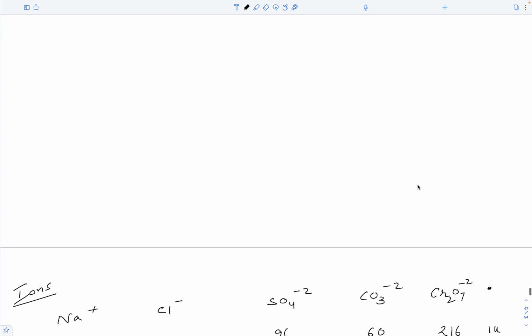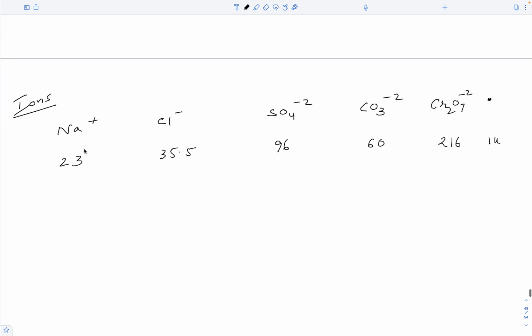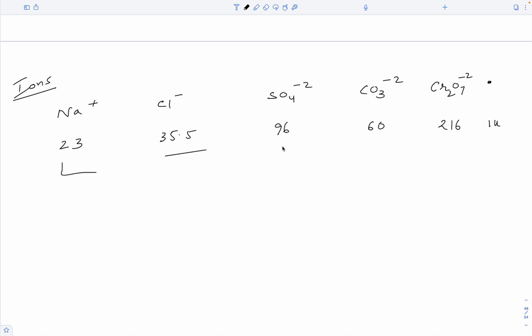Similarly, here are some ions and their ionic weights. To have equal number of ions of different types, the weights of those ions must be in the ratio of their ionic weights. The ionic weight of sulfate ion is 96. So if you take 96 grams of sulfate ions, we have to add the word gram to the left hand side as well.